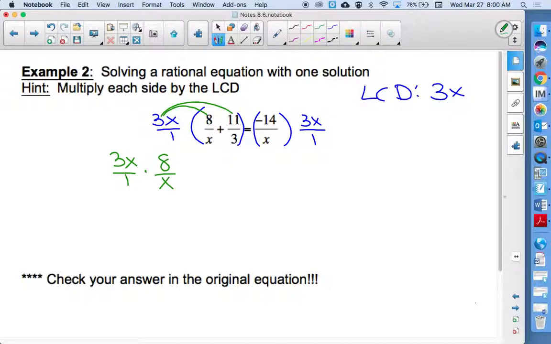Again, I'm just showing you this step so you can kind of see what's happening with the problem. We will not write this step again. And then I have a 3x over 1 times an 11/3. Distributing means multiplication, so I'm just taking the least common denominator, multiplying it through the problem. On the other side, we have negative 14 over x times 3x over 1.